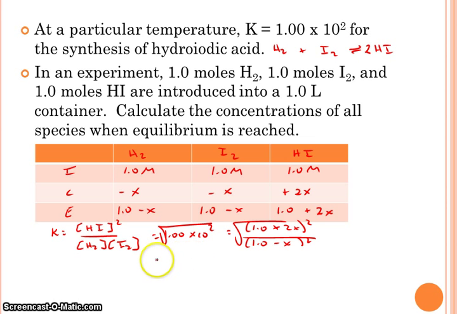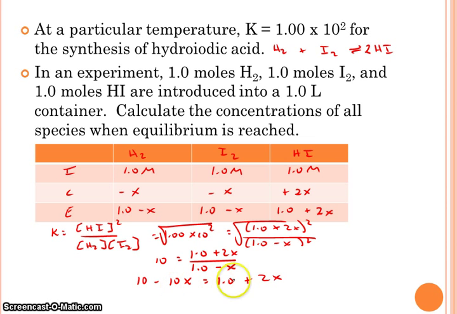So what that will give us then is 10 equals 1.0 plus 2X over 1.0 minus X. Now we're going to multiply both sides by 1.0 minus X, and that's going to give us 10 minus 10X equals 1.0 plus 2X.